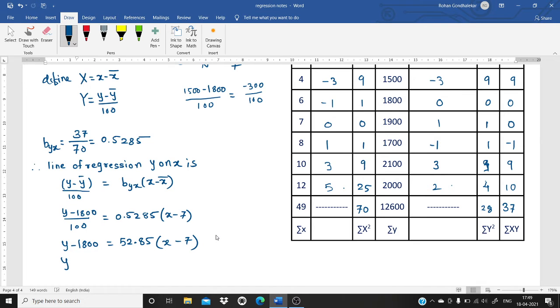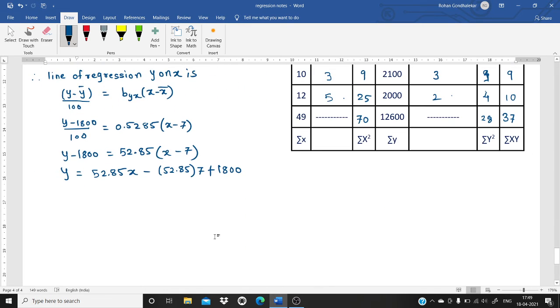So this is y is equal to 52.85 into x minus 52.85 into 7 plus this minus 800 I have shifted to the right hand side. Are you clear with this? So hence the y value would be 52.85x, and what will be the summation? Minus 52.85 into 7 plus 1800.